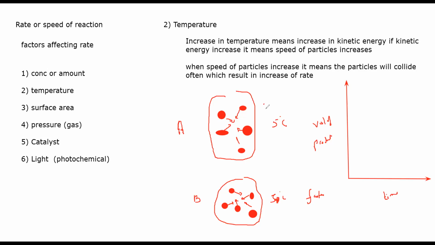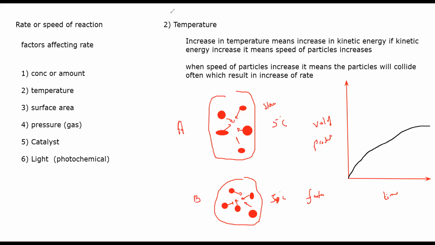At 5 degrees, the reactant particles have few collisions, so the product will form slowly, and then the reaction will stop after some time. But it will take more time to complete the reaction. When the line is horizontal, it means the reaction is completed.